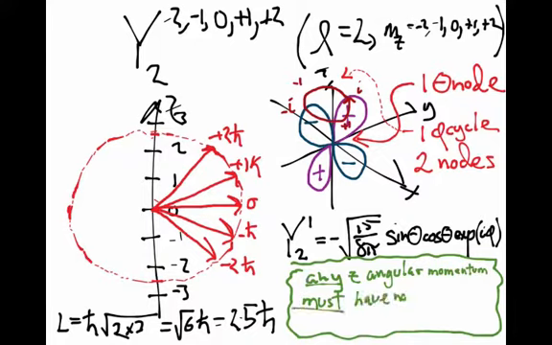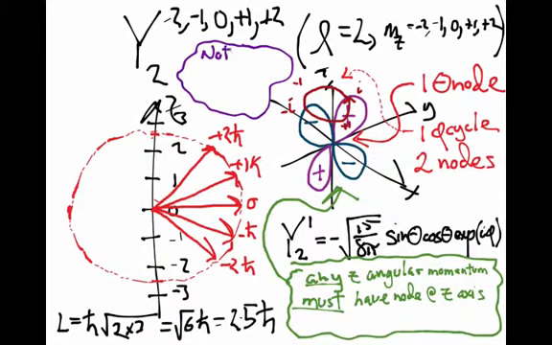A really important thing is any amount of z angular momentum is going to make there be some sort of node at the z-axis. It's not a theta node, but there's going to be a dimple. The function is going to have to go to 0 at the z-axis, and then because we spin around in phi and go through a phi cycle, we're going to get the change of sign in phi there.